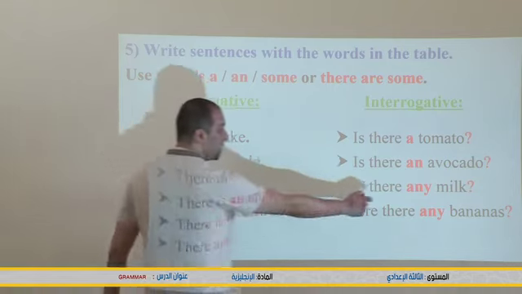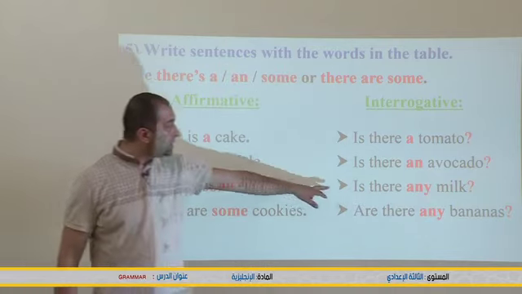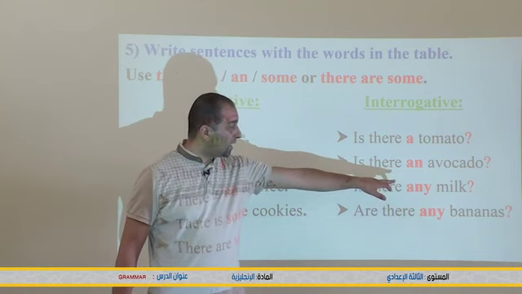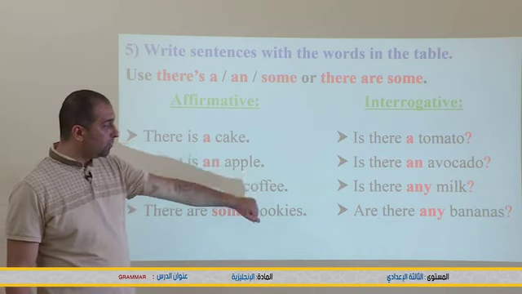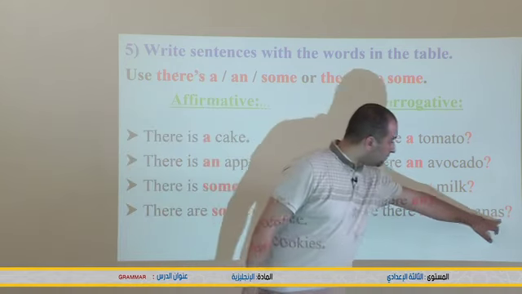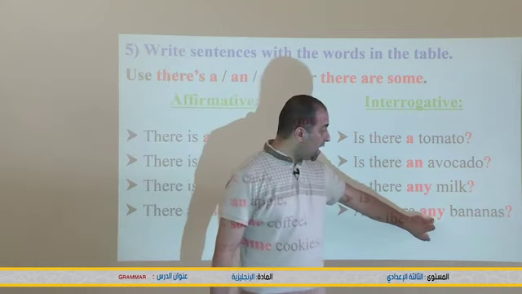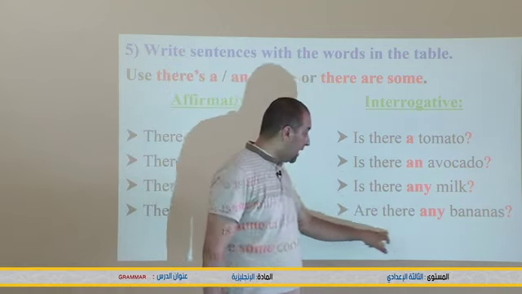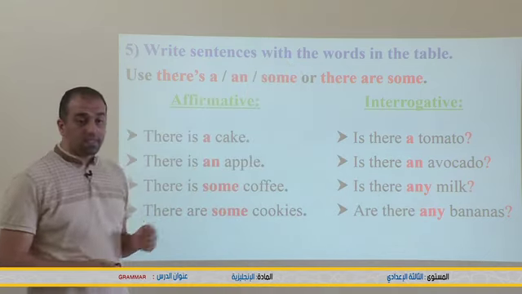So if we ask about uncountable nouns, we say any. Is there any milk? Uncountable noun. 4, plural, bananas, are. Are there any bananas? So these are my examples to you.